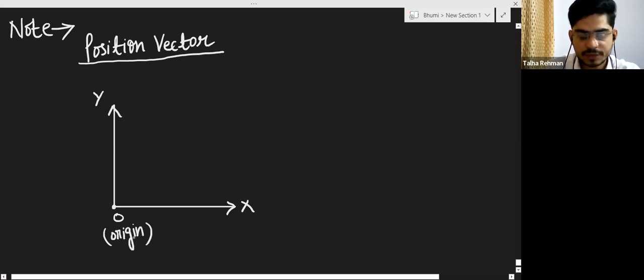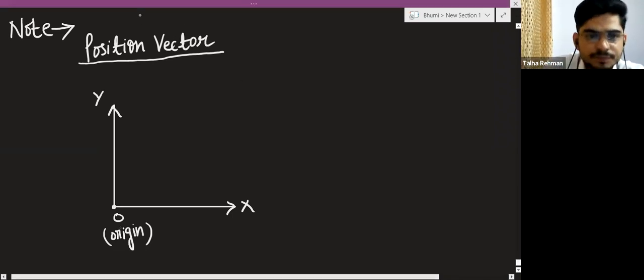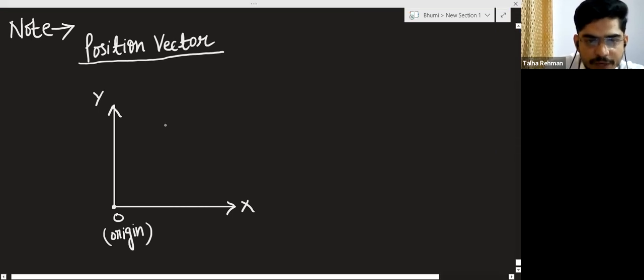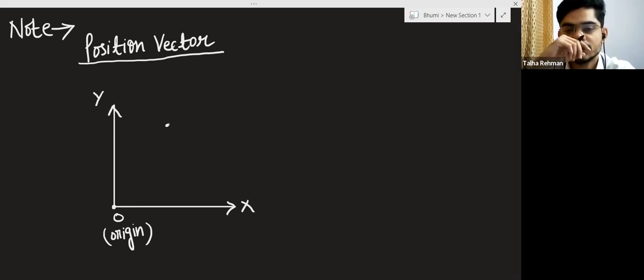Origin means the reference point. So position vector means, suppose here is a point, this is the position of the point with respect to the x and y axis.